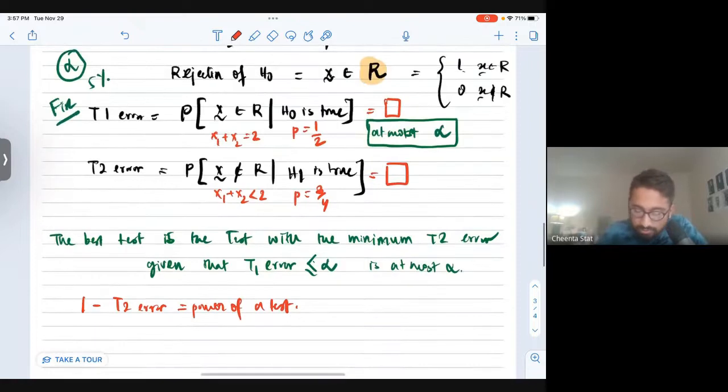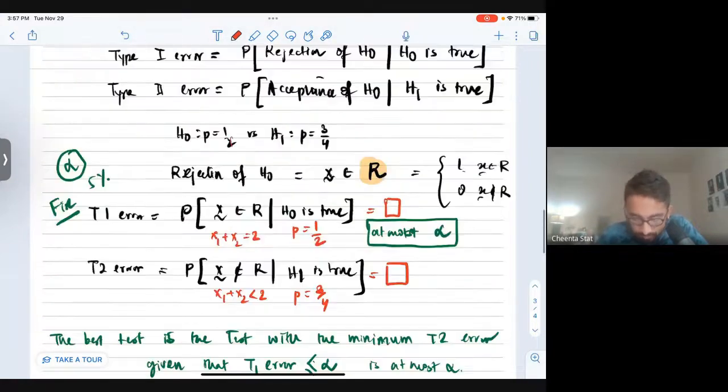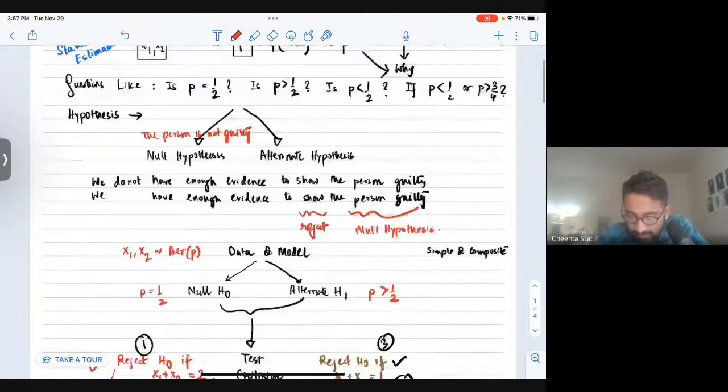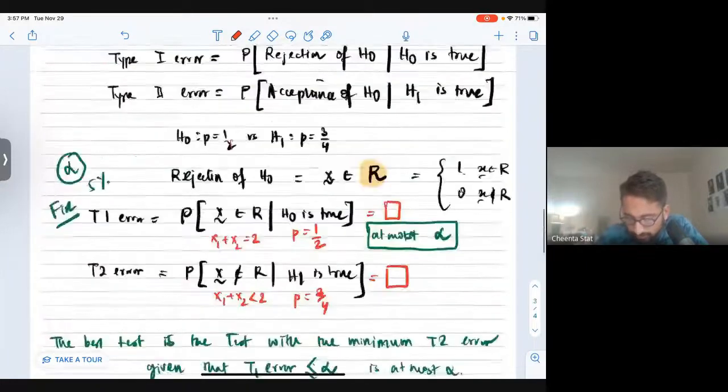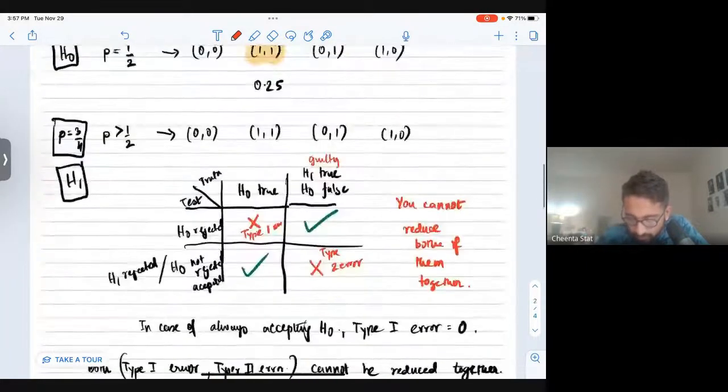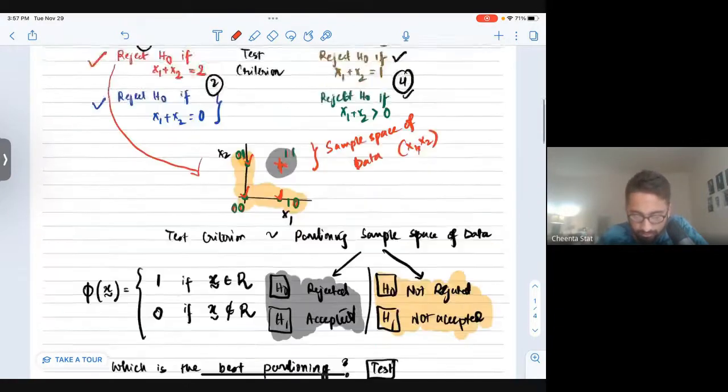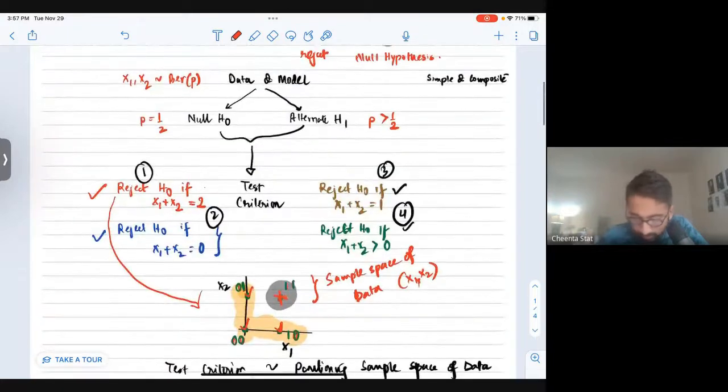So therefore also understand the power of a test: if we fix type 1 error, the type 1 error is just based on H naught. It's not based on anything else, right? So we have drawn four options for such a rejection region.